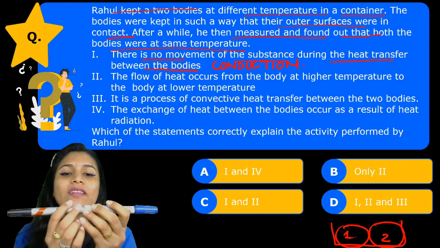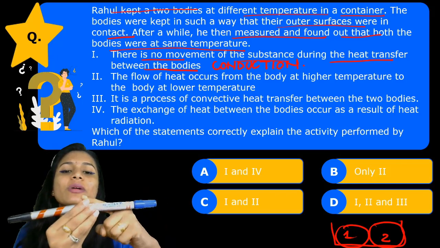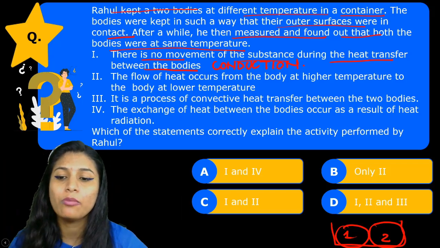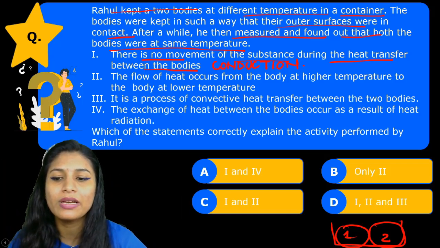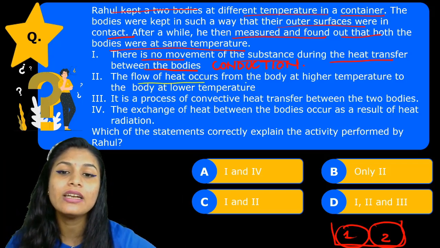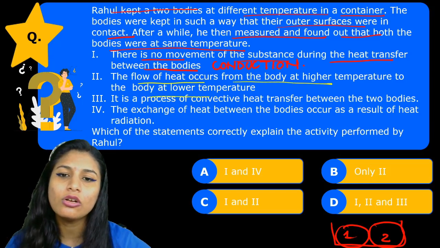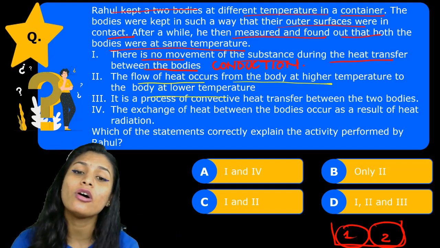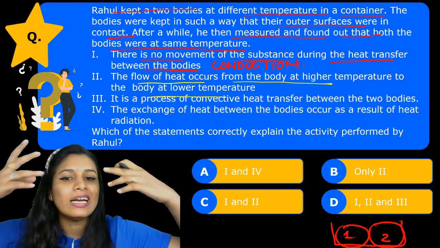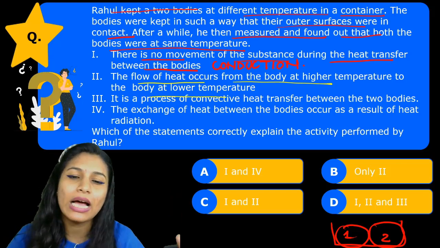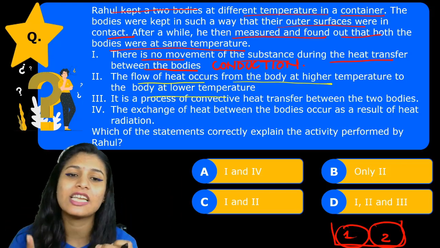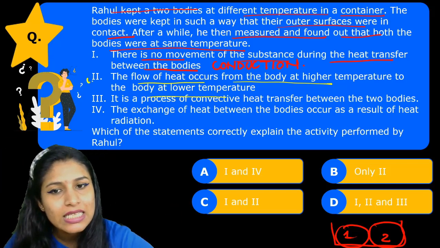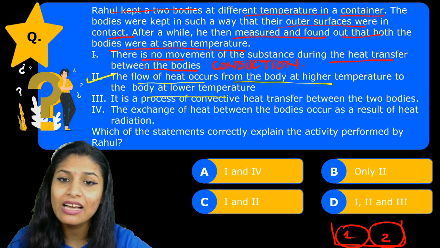Because if these two bodies are in contact, the heat is going to be transferred from one body to another body, and no molecule or atom is going to move from one place to another. Okay. The flow of heat occurs from the body at high temperature to the low temperature. Yes. In conduction, children, the heat transfer takes place from the hotter body to the colder body. And in any process of conduction, this is what happens, that the heat transfer will always take place from the body at higher temperature to the body at lower temperature. So this one is correct. Okay, this first one was also correct.